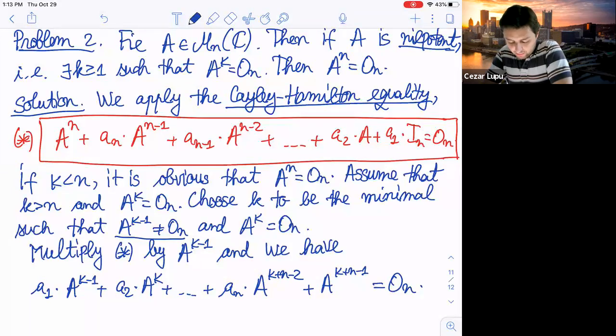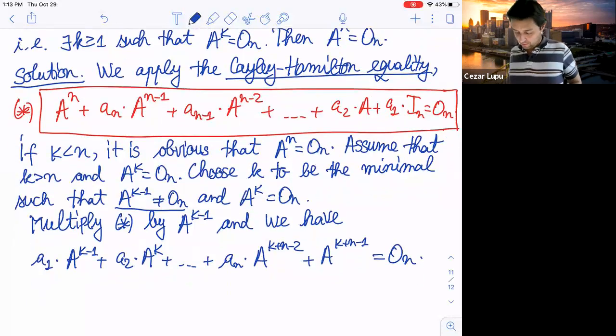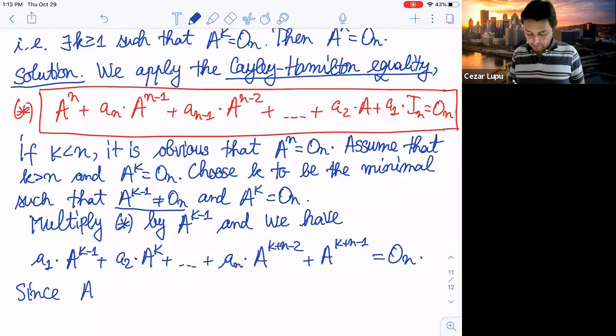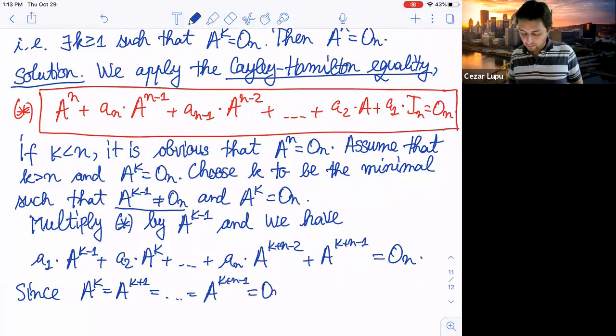So what does it mean? Well, we know that since a to the k is equal to a to the k plus 1, all the way to a to the power k plus n minus 1 is the null.